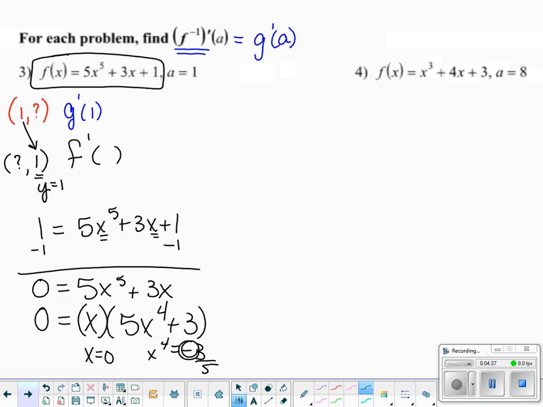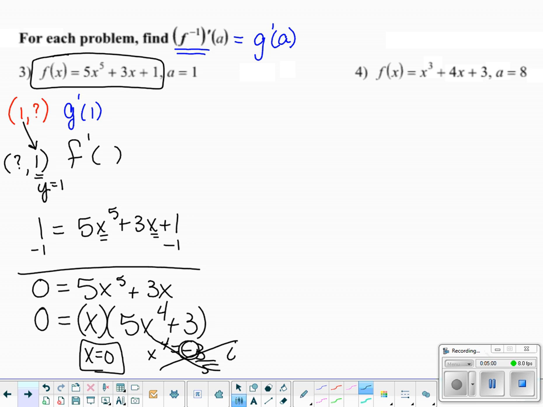That's tough to do in the real number system. So, to me, the only real solution to this problem that we generated here is x equals 0. This other is going to be imaginary numbers, imaginary roots. And we are not dealing with that in Calc 1. So our only possibility is x equals 0.